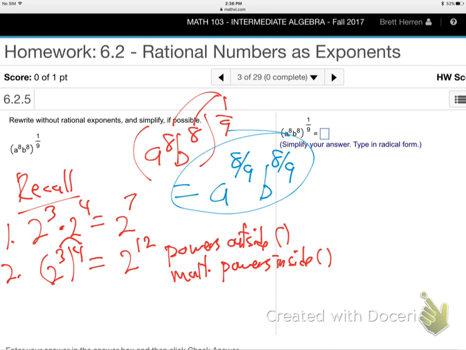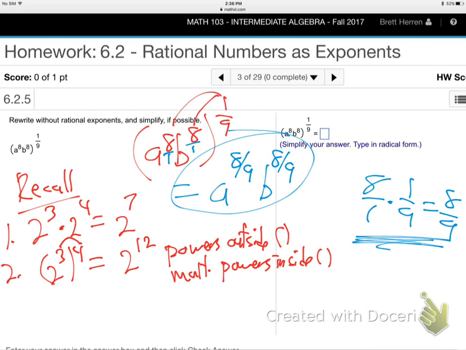So that 1/9 hits it, because 8 is over 1. When 8 over 1 multiplies 1 over 9, it becomes 8/9. You with me? This is what really happened in each of those power interactions. Powers outside parentheses multiply powers inside parentheses.